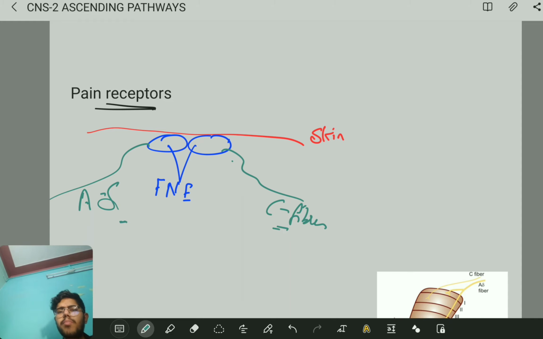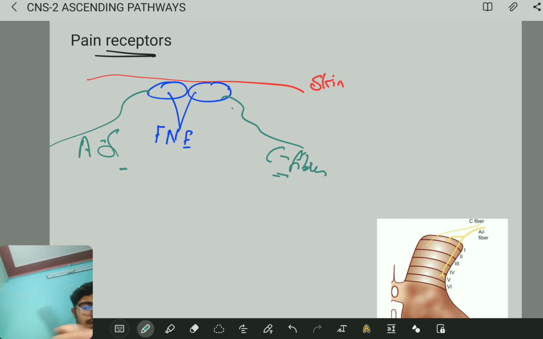Now what is the most important point to be noted here? If you want a pain stimuli to be conveyed, it has to be conveyed through your free nerve endings. Through what? Through A delta and C fibers. That's it. Pain stimuli is conveyed by your free nerve endings of A delta and your C fibers.